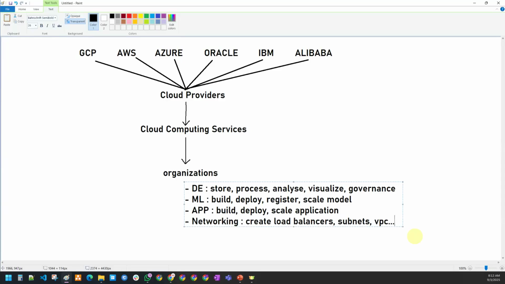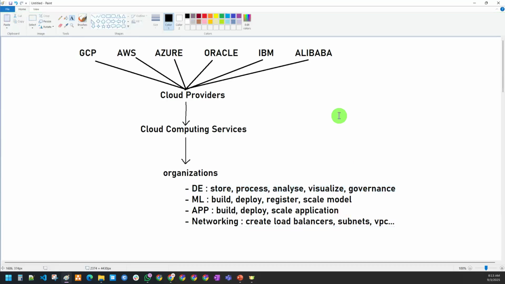So again, you find a suitable service offered by the cloud provider and focus on innovation rather than building them from scratch. This is the advantage and benefit of cloud providers, because they provide you the cloud computing services. These are very useful for organizations to store, process, analyze, visualize, and govern the data.